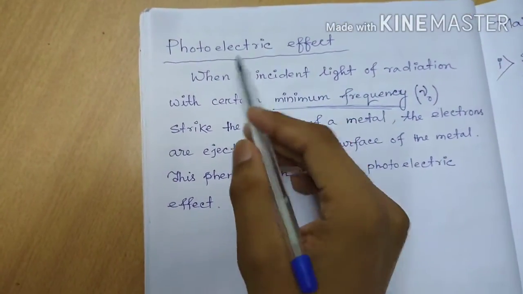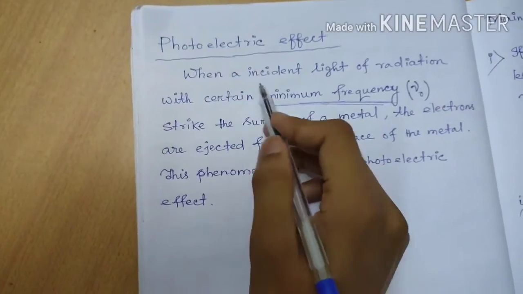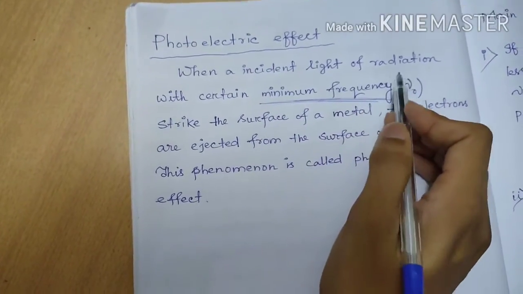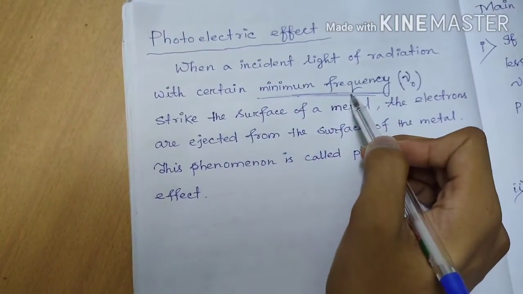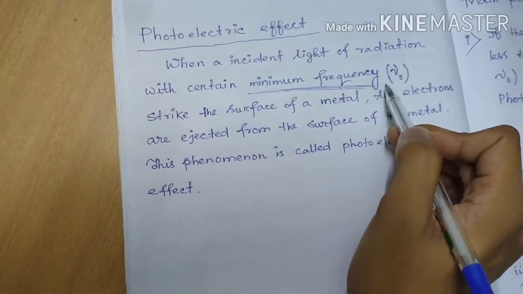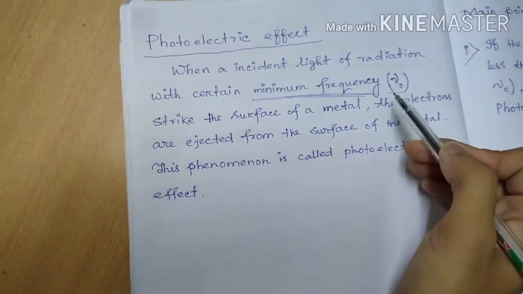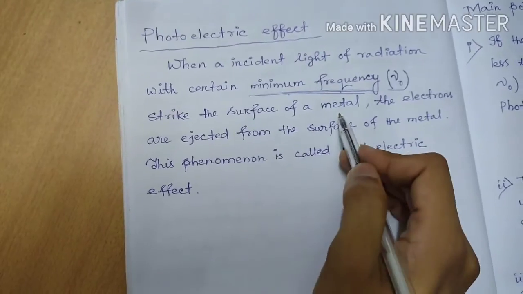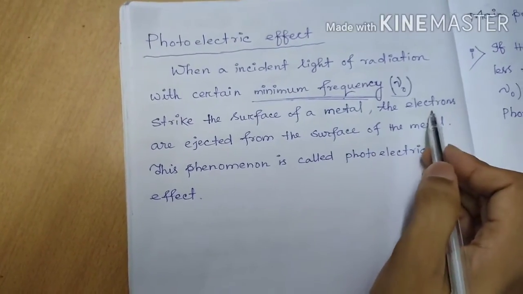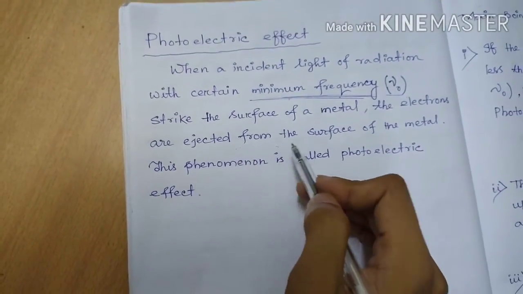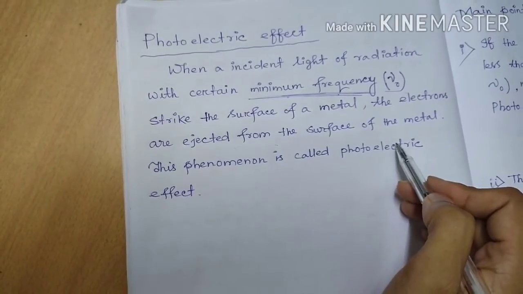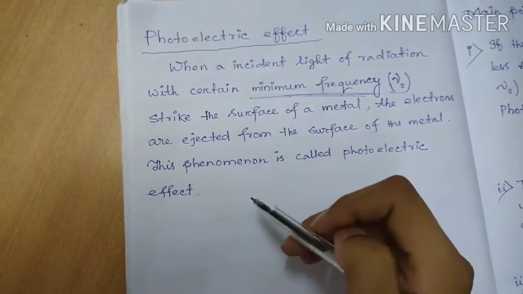Now see what the photoelectric effect is. When incident light or radiation with a certain minimum frequency, which can be denoted by the symbol nu naught, strikes the surface of a metal, then electrons are ejected from the surface of the metal, and this phenomenon is called the photoelectric effect.